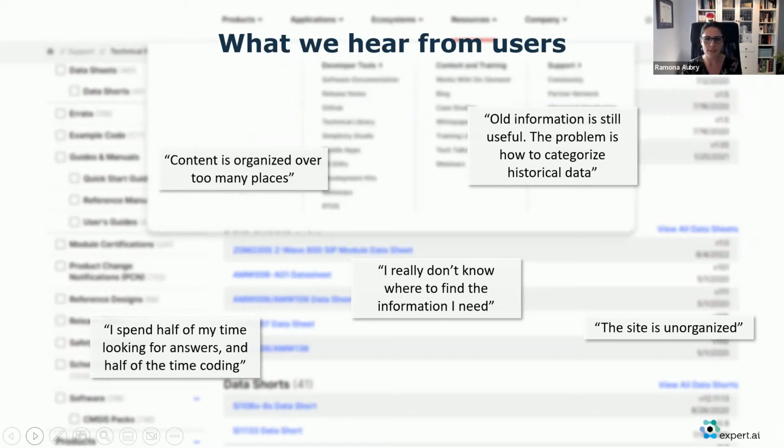They have a hard time accessing historical data, or navigating the website because content is organized in too many places. You can't find any historical data. You don't know where to look for the information, and maybe the website is unorganized. Some people spend time coding or making up rules that will help them have more relevant queries. And in the end, because of the inefficient search, they end up not using the system.